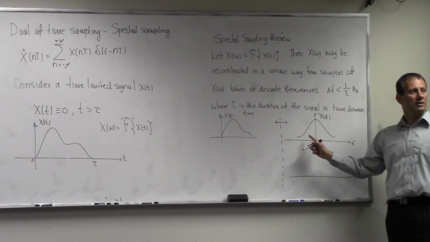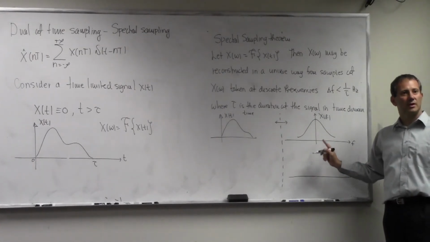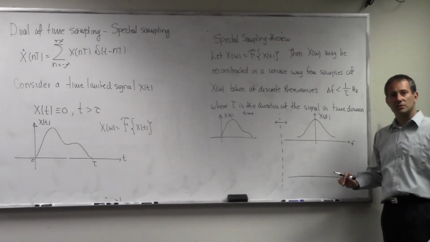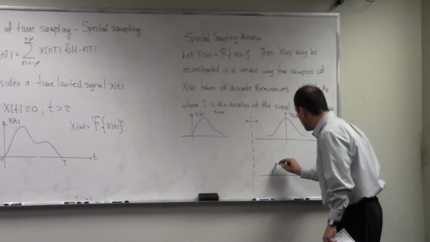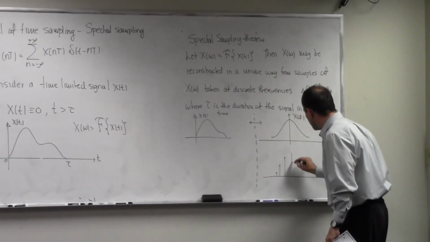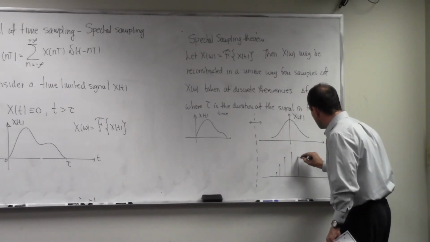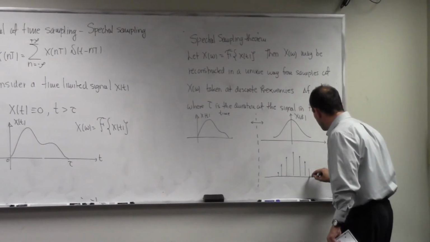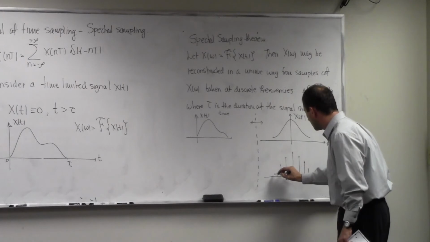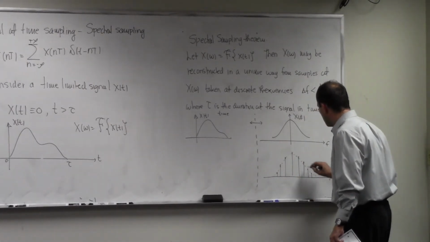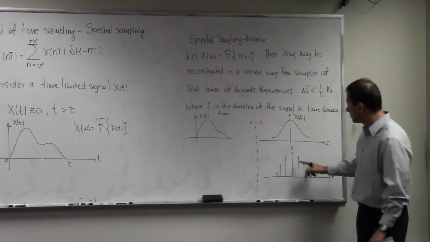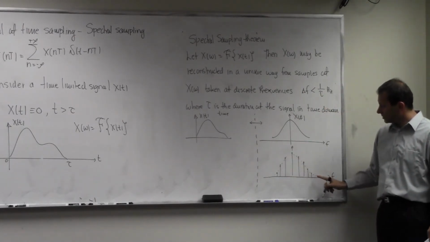All I need to know is some discrete set of values, so I can sample in the frequency domain and not know this entire curve, but know the samples at certain frequencies. Right? This is what I know. You can visualize back your original spectrum, but you don't have what is dashed here.